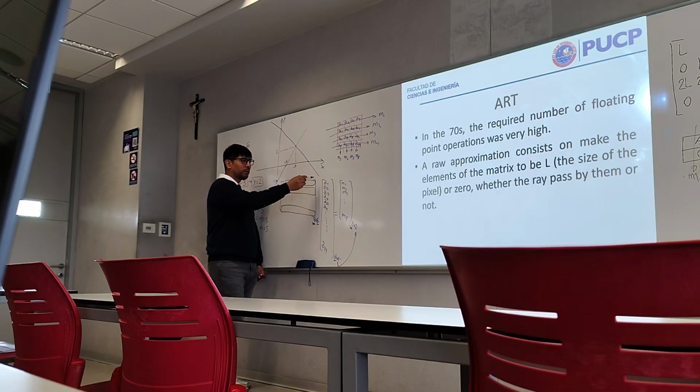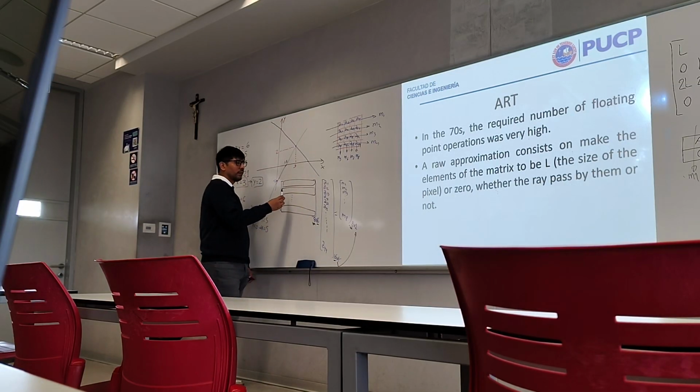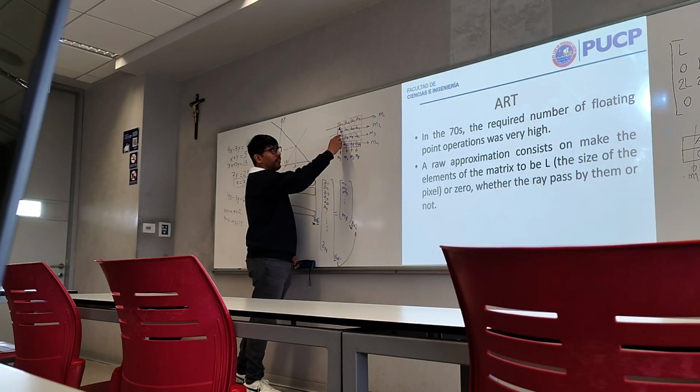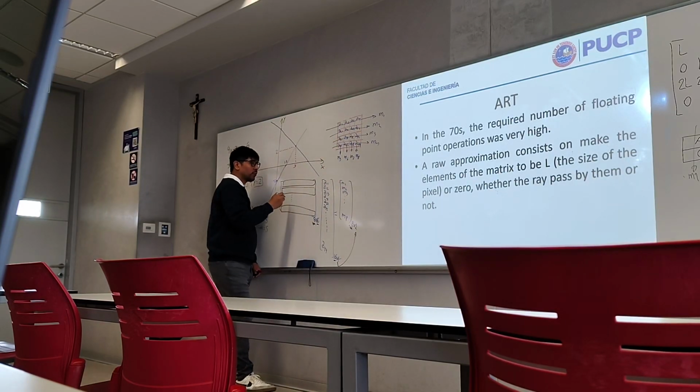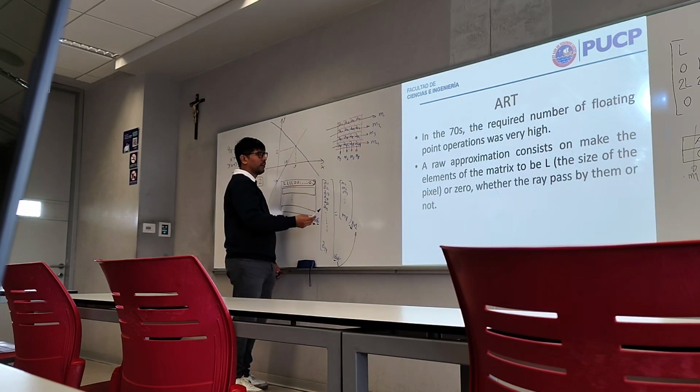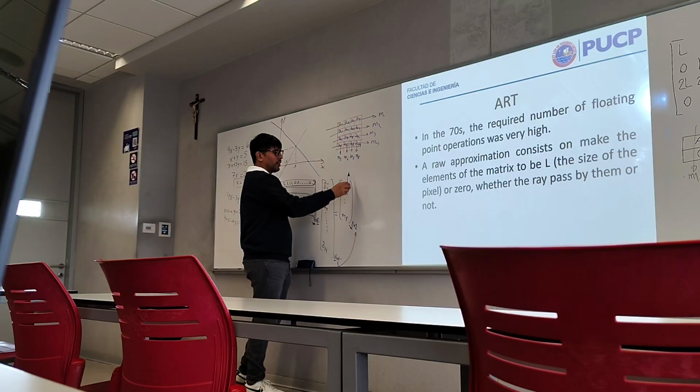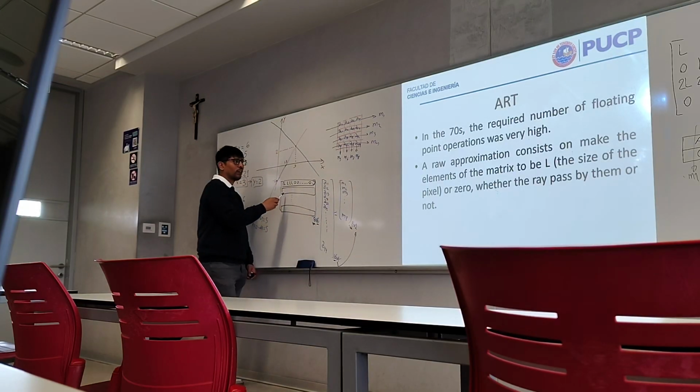So in this problem, what are the coefficients here? Well, for M1, only these 4 contribute. So if we have this order, it will be L, 0, 0, and the rest. For the second, M2, how is this going to be?